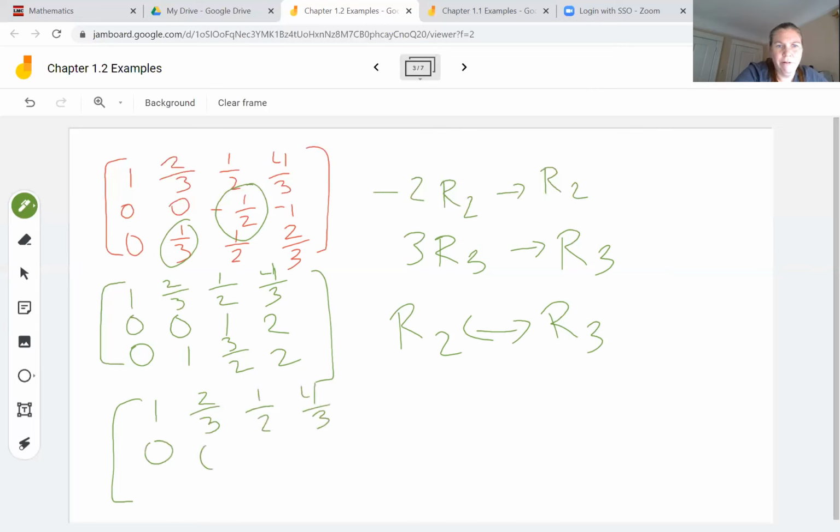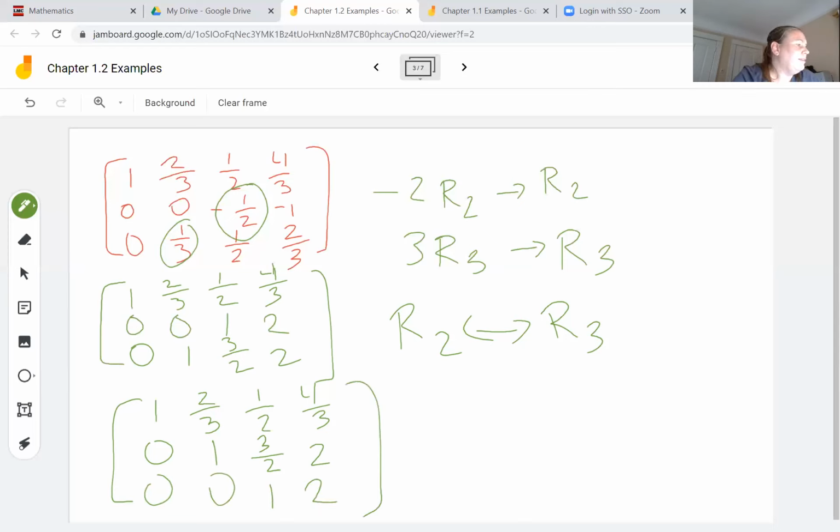Then we've got 0, 0, 1, and 2. Oh, I didn't make my flip-flop. We've got 0, 1, 3/2, 2. And then in our last row, we've got 0, 0, 1, and 2.